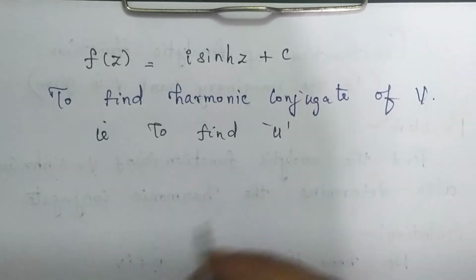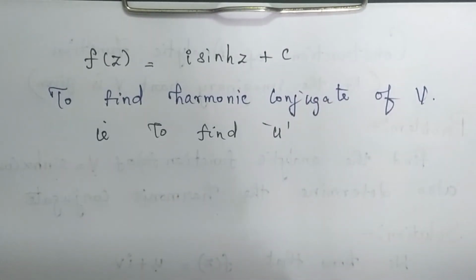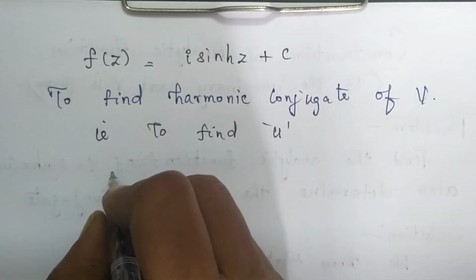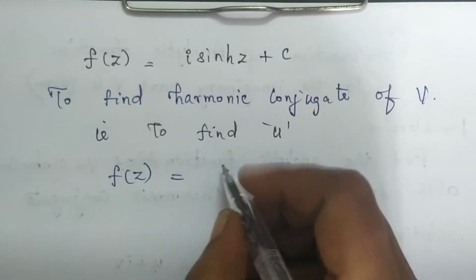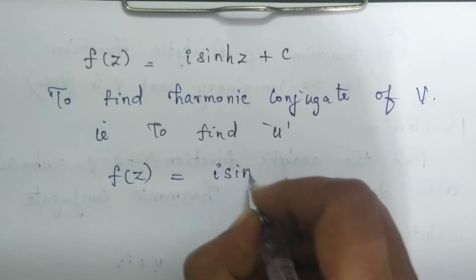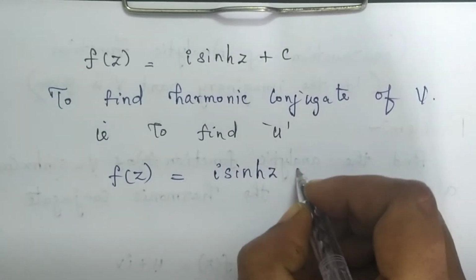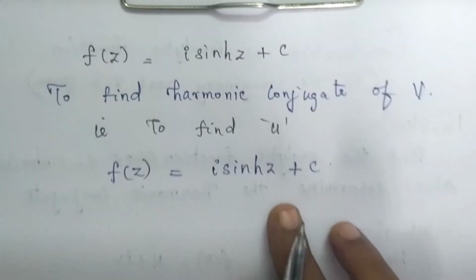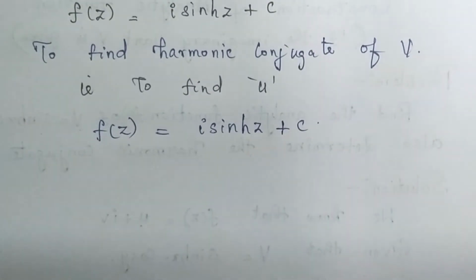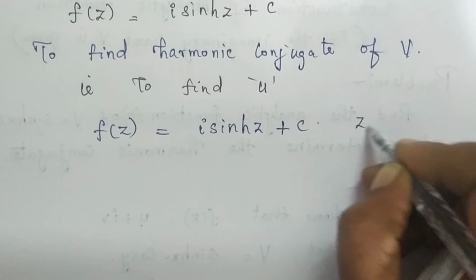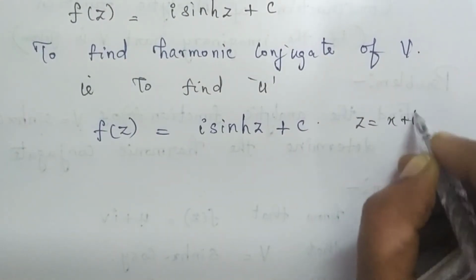So now from f of z I am going to calculate u. So what is our f of z? Now we got the result of f of z as i into sin hz plus some integrating constant c. Okay, here z is a complex number, you know very well. What is z? z is equal to x plus iy.